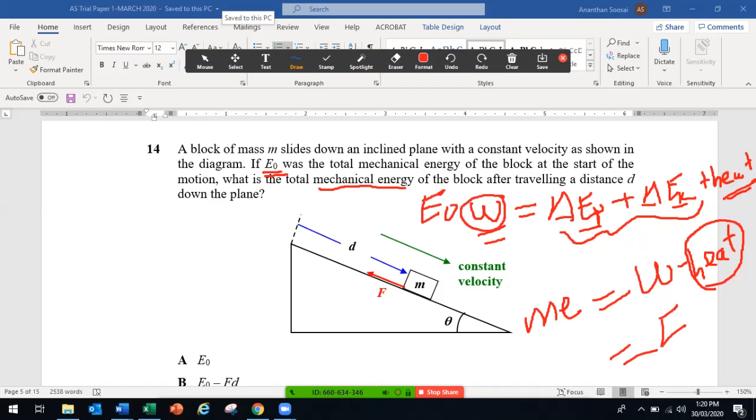E naught minus FD. How do you get heat? Friction times the distance, right? So F times D is your change in mechanical energy. So E naught minus FD.